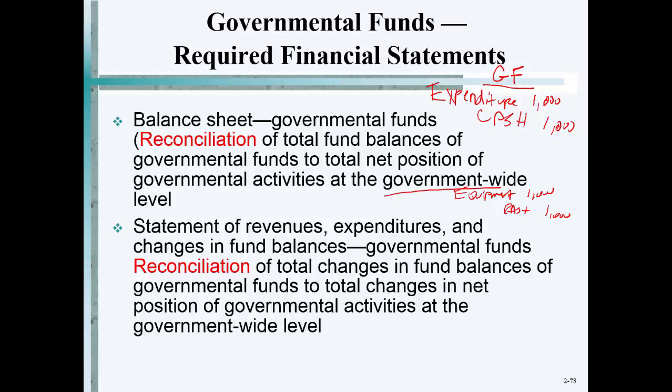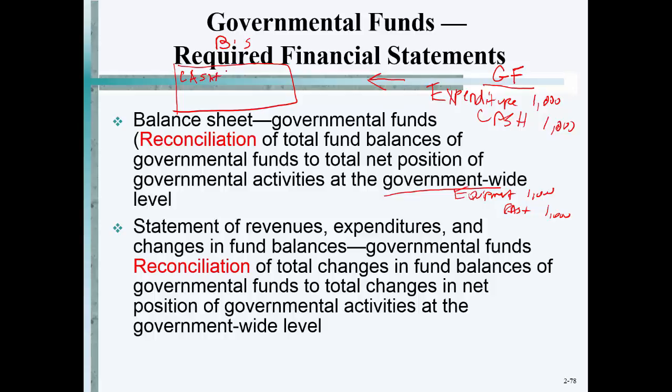Let's say this government had just this one transaction. It had $1,000 cash and they spent it all on equipment. If I prepare the governmental fund balance sheet, the general fund balance sheet, how much cash do I have?